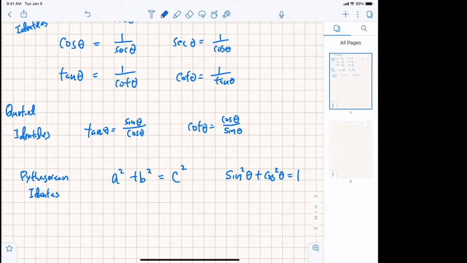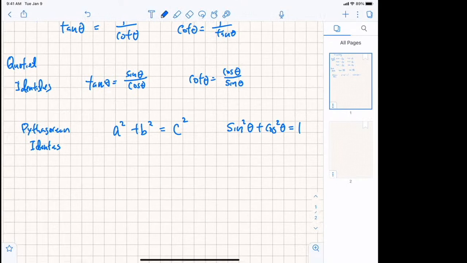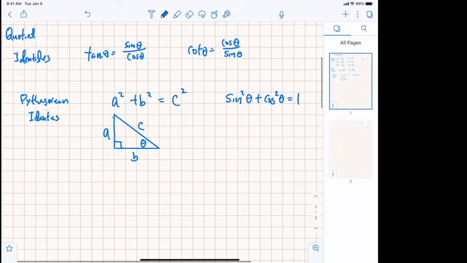So where did I get it from? I'm going to show you. Imagine a triangle with sides A, B, and C, and an angle theta. We have A squared plus B squared equals C squared.